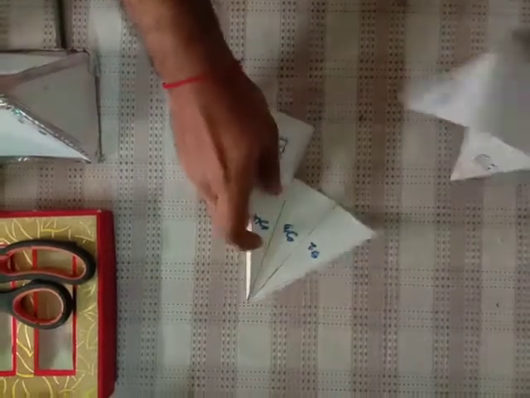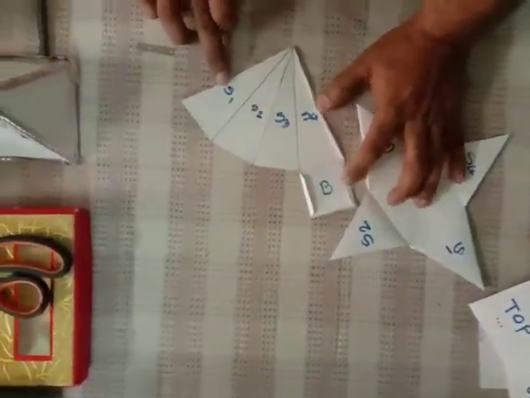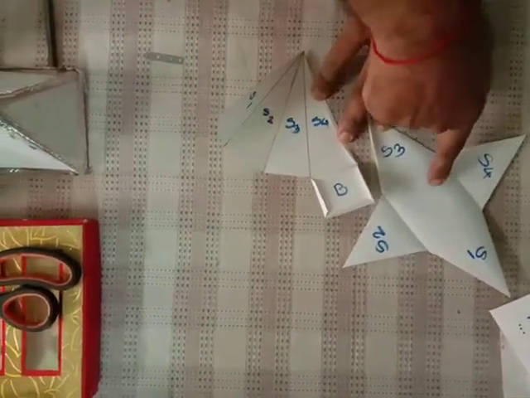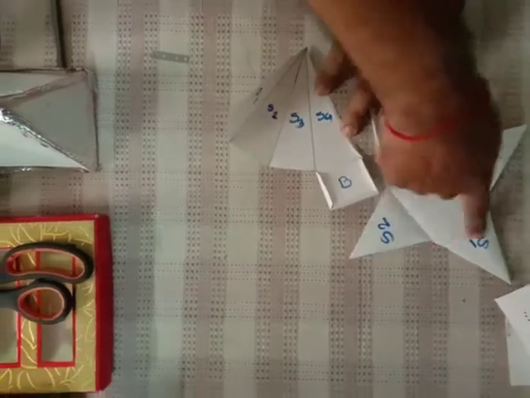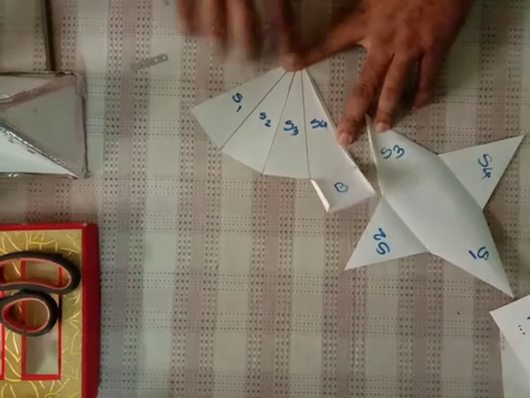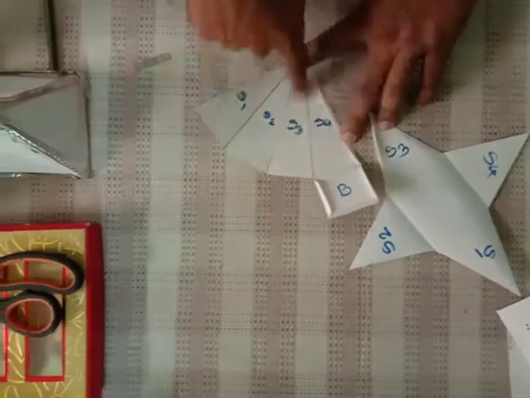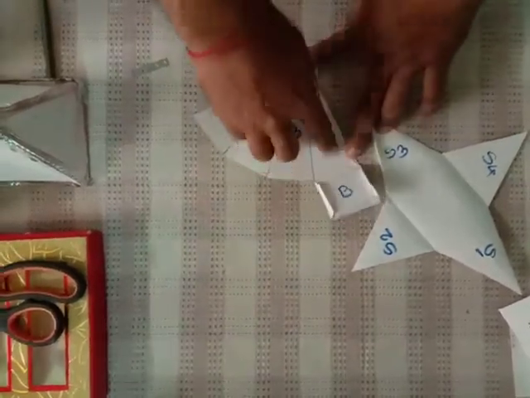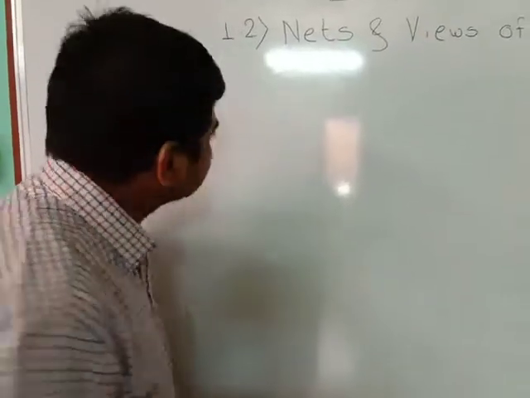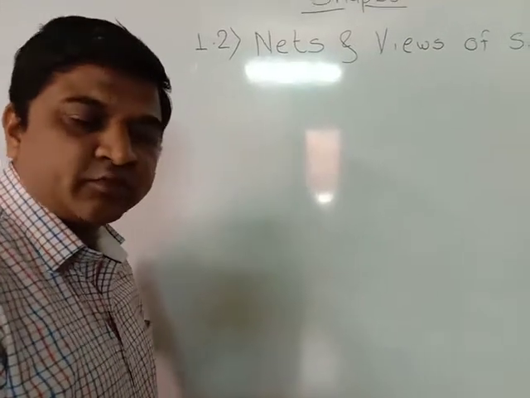So these are the two possible nets of a square pyramid: one, a square bottom attached individually to all the triangular sides, and in another case the triangular sides are attached to each other with a single edge and one triangular side is attached with a base. Now let us see how to identify whether the given figure is a proper net or not.